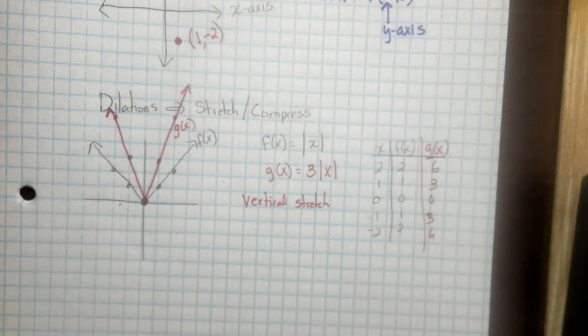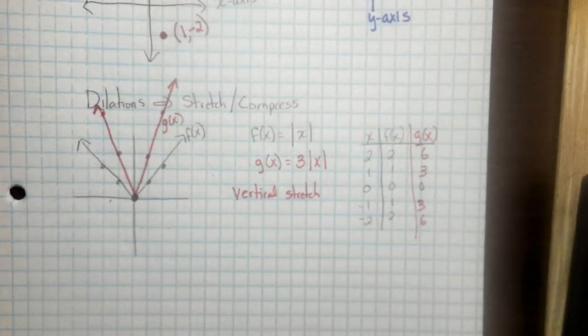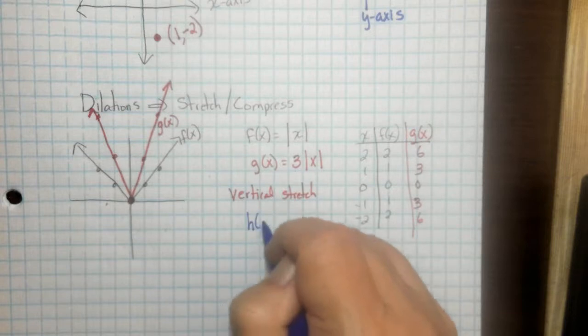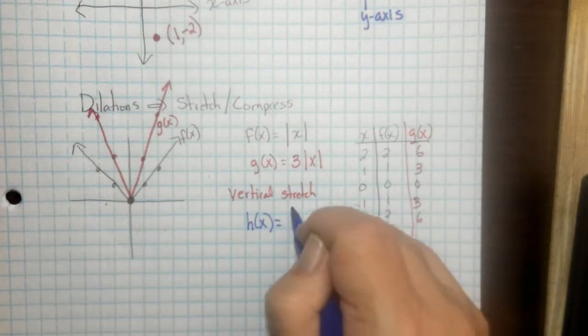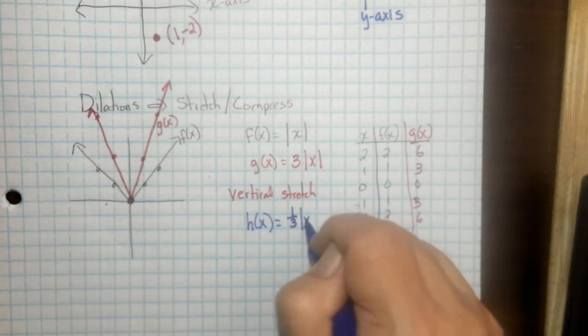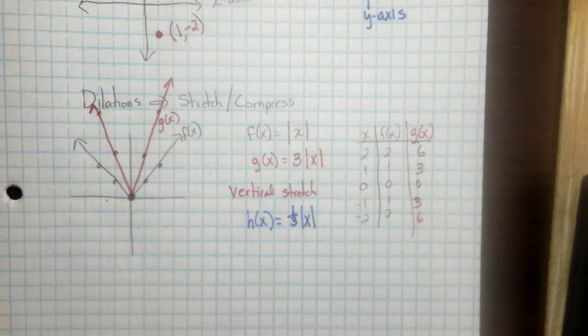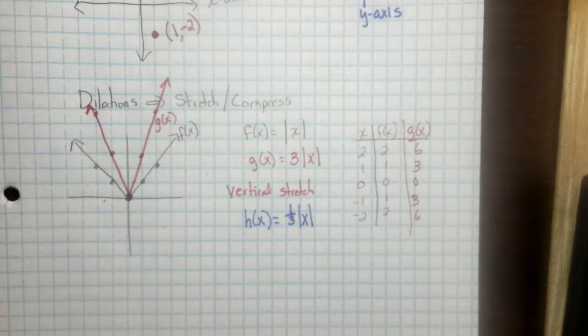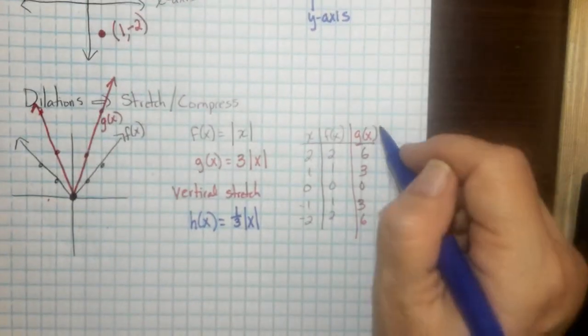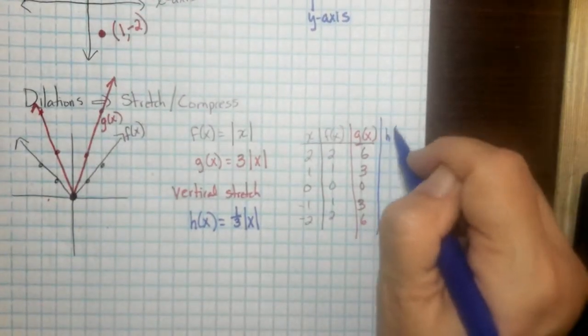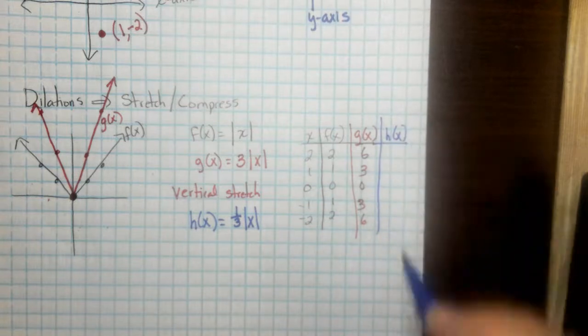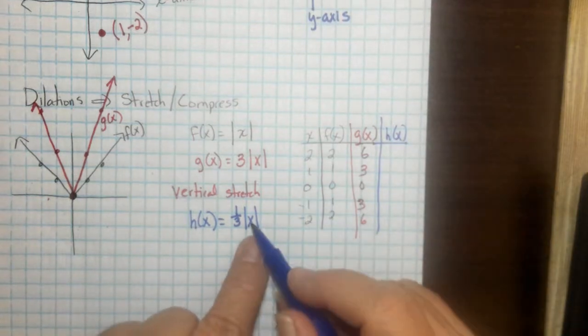All right, well what happens if on this same graph, I'm going to put h of x, and I'm going to have that be 1/3 x. So if I come in here in my table and I make h of x, again, I'm going to evaluate the absolute value first.